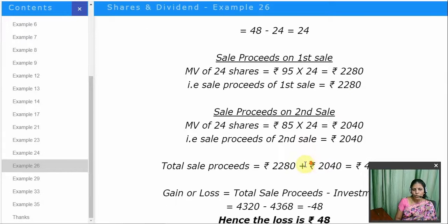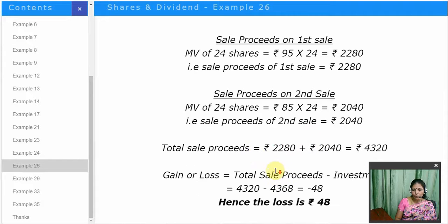So now what is his total sale proceed? It is first time sale proceed 2280 plus 2040, that is equal to 4320.